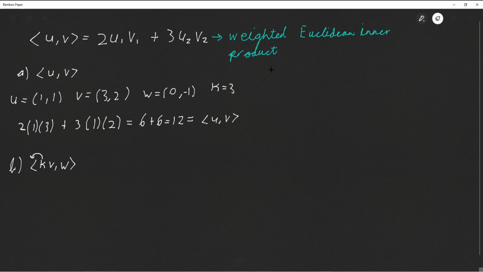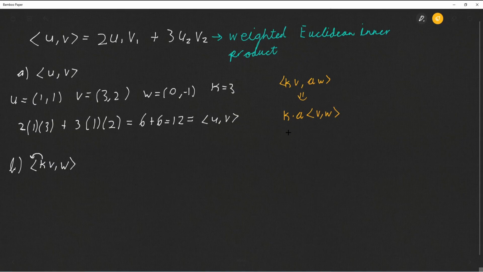So for example, if we had kv and then aw, we're able to change this to k multiplied by a and then multiplied by the inner product of v and w.